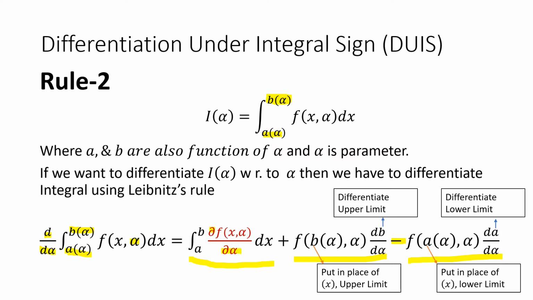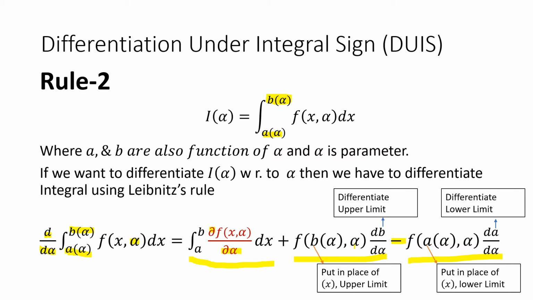So del by del alpha of f of x, alpha dx, and the integration limit is a of alpha to b of alpha as it is. If a and b are constant, then you only have to write this much, because you will not get the second and third terms. But if a and b are functions of alpha, then you will get these two other terms also.